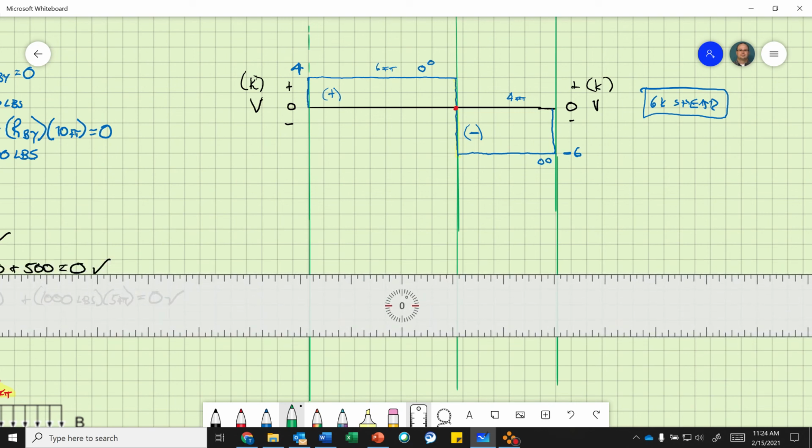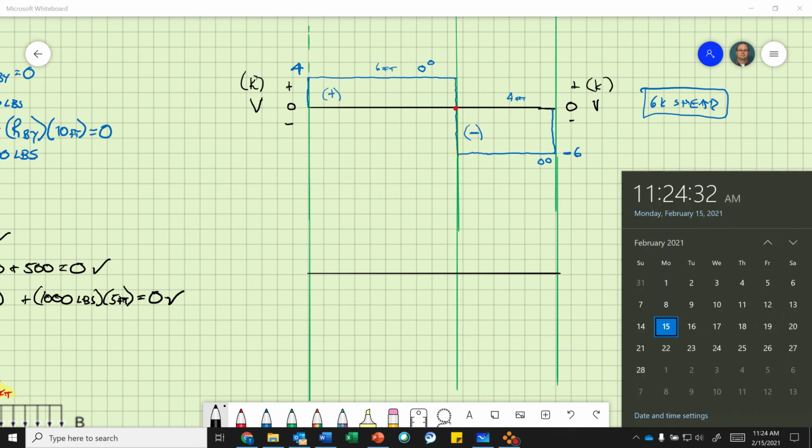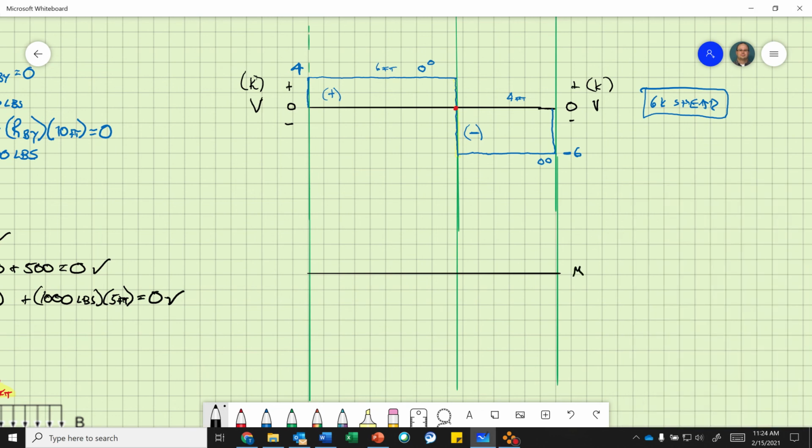So we'll do that right here. And we're going to make that our 0 moment. And this is moment, and this is kip feet. So this is the plus side. This is the negative side. And this is 0 moment.